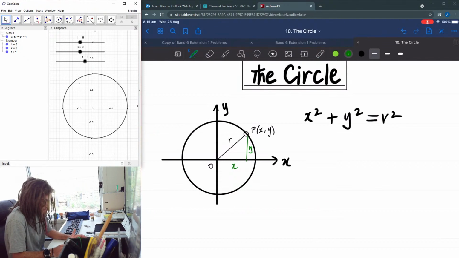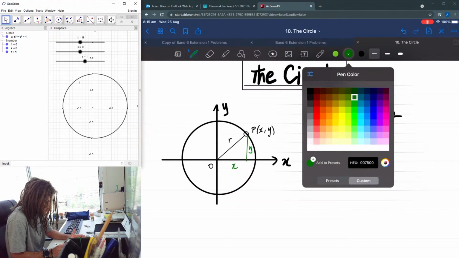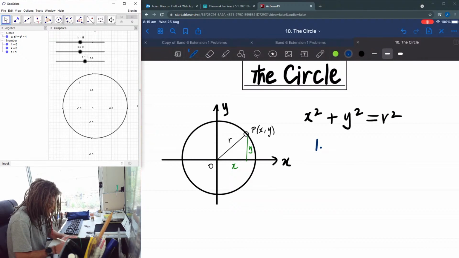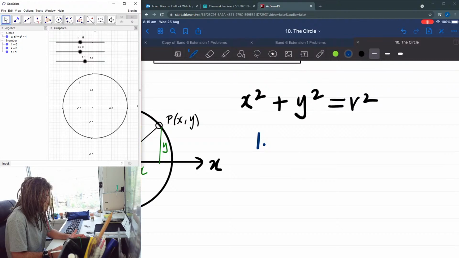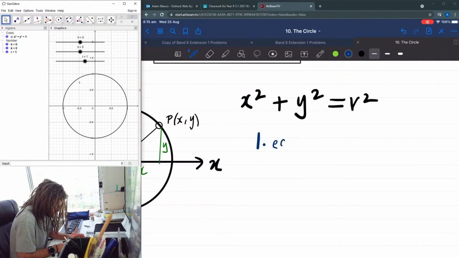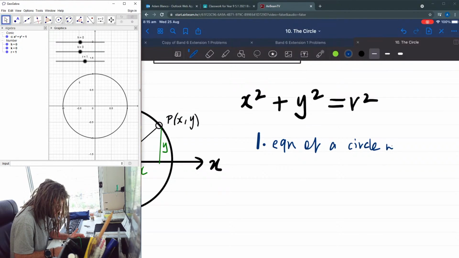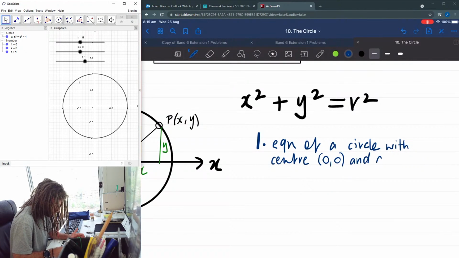And I guess I could do an example. What is the equation of a circle with center 0, 0 and diameter 14?